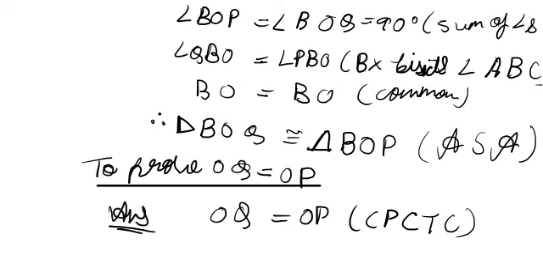How will it be CPCTC? Because you can clearly see here that OQ, that is the last two letters of the first triangle, and then OP, that is the last two letters of the other triangle. So these are corresponding parts, and then we can say that they are equal as well, because corresponding parts of congruent triangles are what? Equal, right? So this becomes our answer. But don't just write this last line with the reason CPCTC.